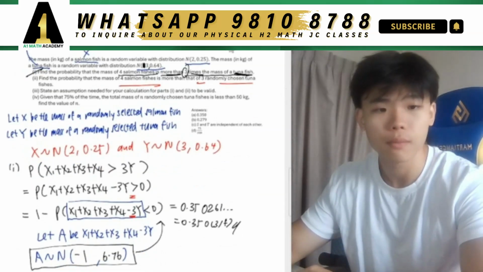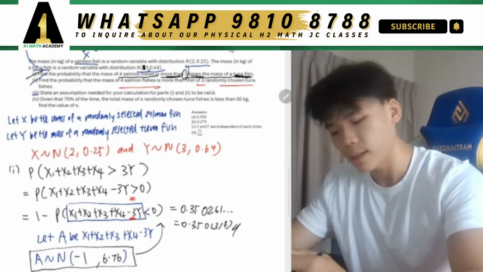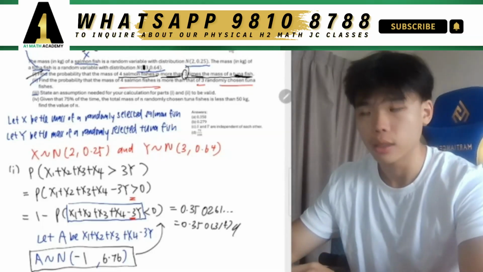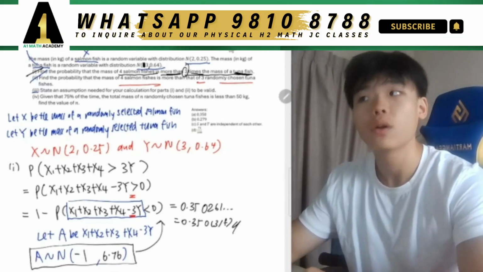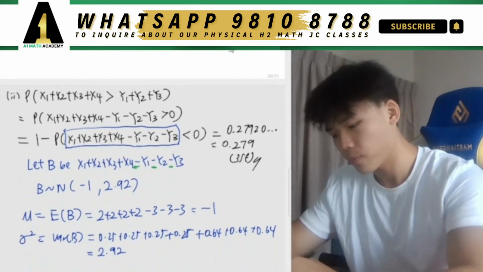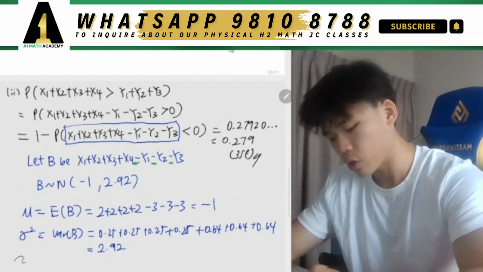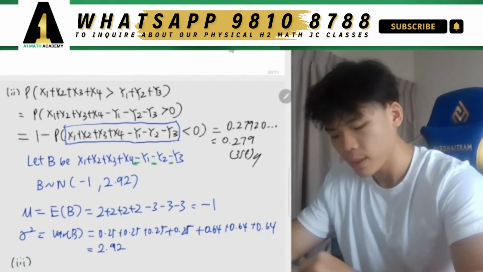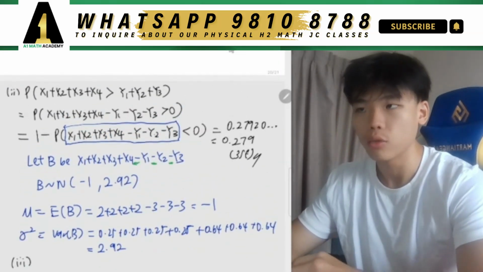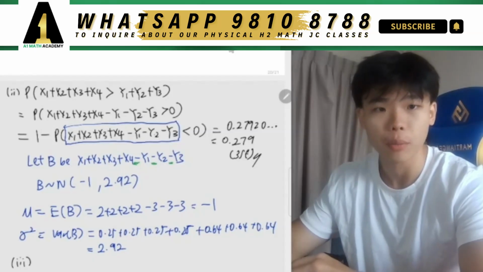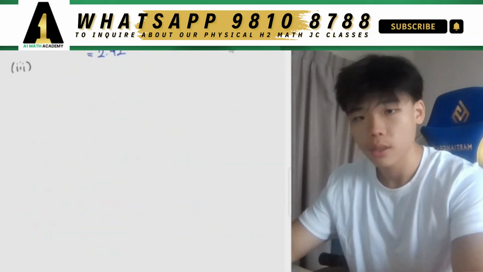Okay, so with that brings me on to the third part. State an assumption needed for a calculation for both parts to be valid. So we mentioned this earlier on in the earlier questions and even the concept video: in order for us to group linear combinations of independent variables, right?